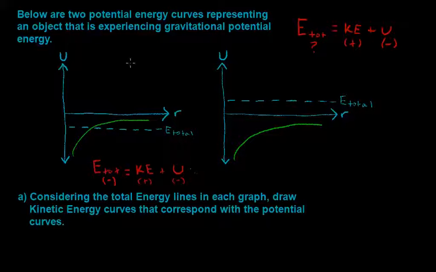So as we said before, in any situation where energy is involved, our kinetic energy must always be positive. It can only ever be equal to 0 or positive from there.